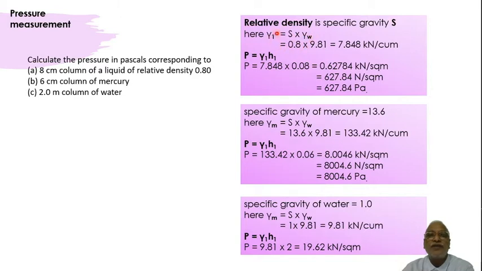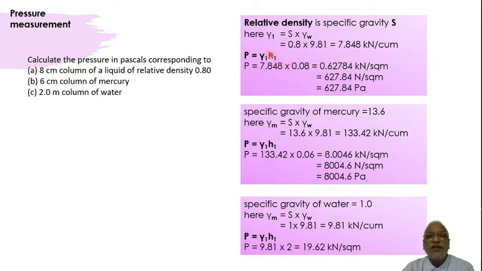By that definition I can write specific weight of liquid is equal to S into gamma W. S is 0.8 given, gamma W is 9.81 kilonewton per meter cube. Yes, the specific gravity hasn't got any units. Because of that, this product gives you 7.848 kilonewton per meter cube as gamma 1. Now 8 centimeter column.